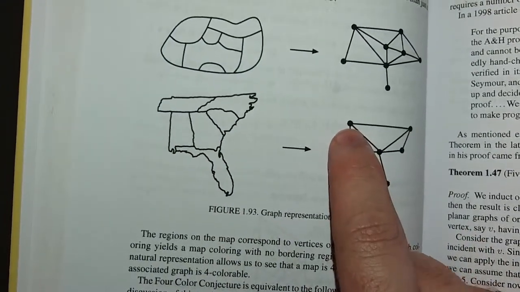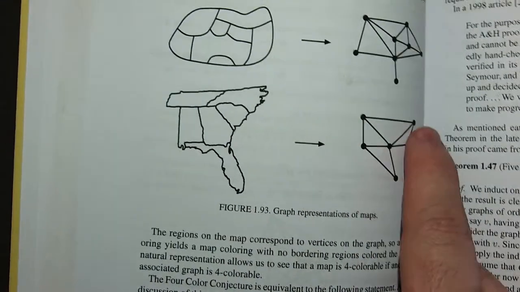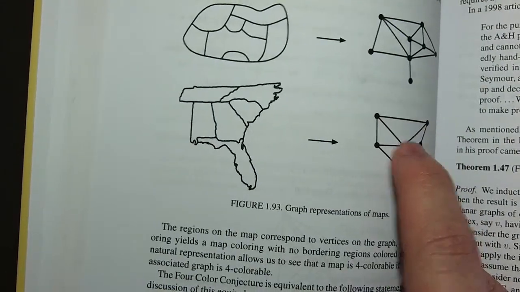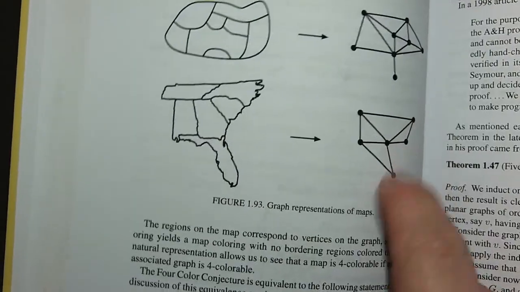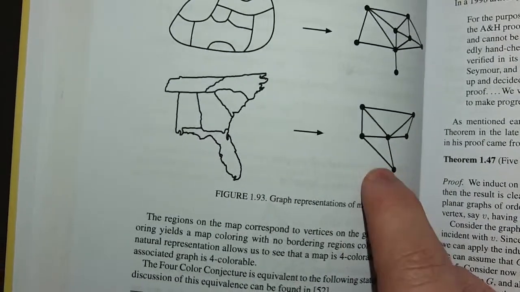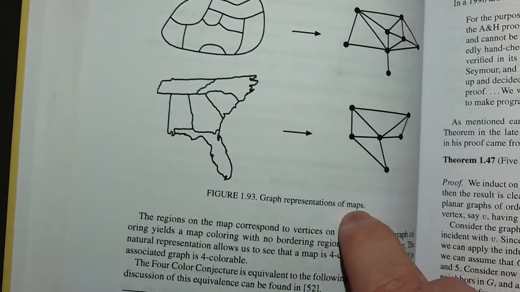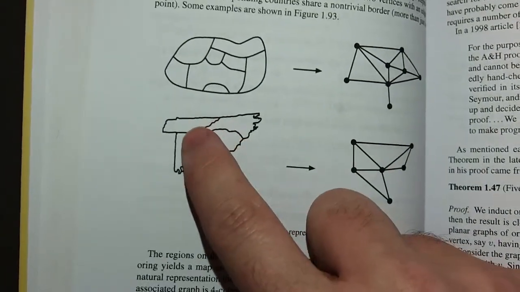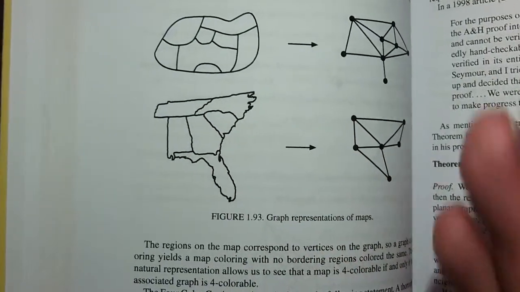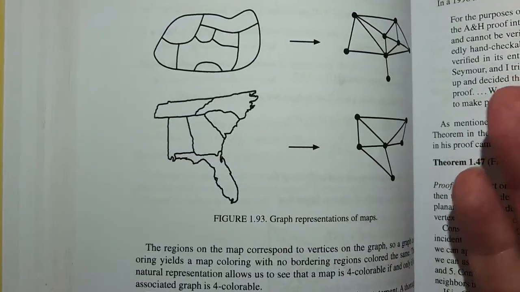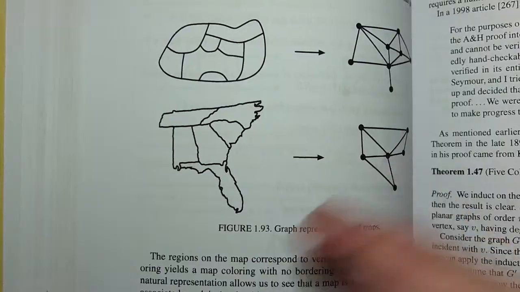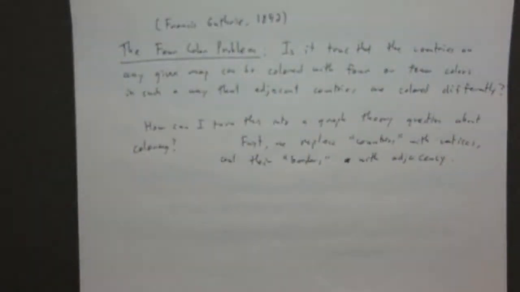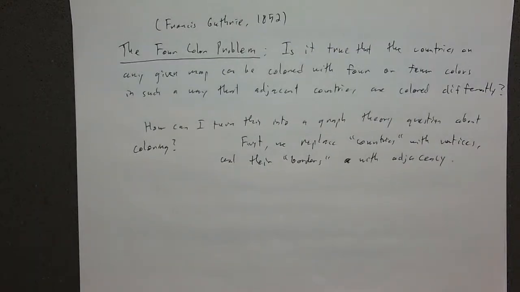So here's Tennessee, here's North Carolina, here's Georgia, here's Alabama, here's South Carolina that is adjacent to both North Carolina and Georgia. Here's Florida that is adjacent to Georgia and Alabama. So in this way, we replace the countries with vertices, and now it becomes clear that a coloring of the vertices is a coloring of the map. And so we have reformulated this 4-color problem into the following fact, which is now called the 4-color theorem.